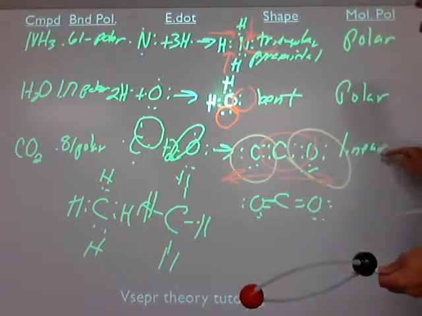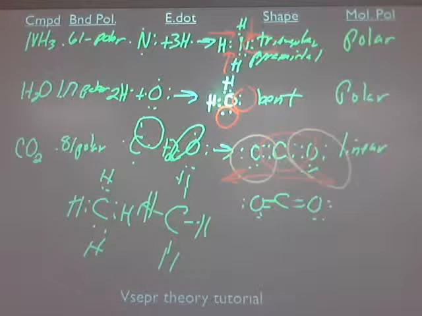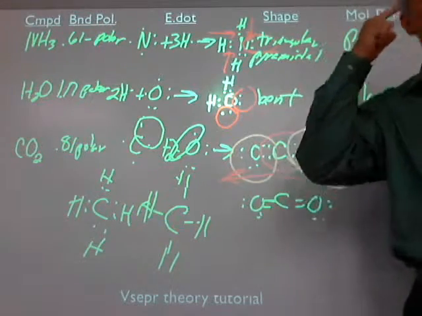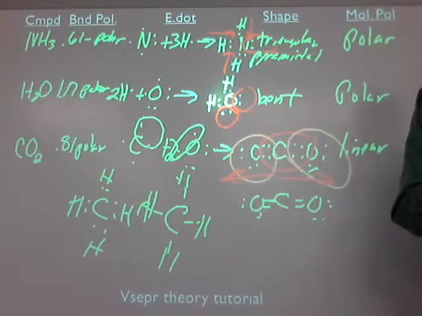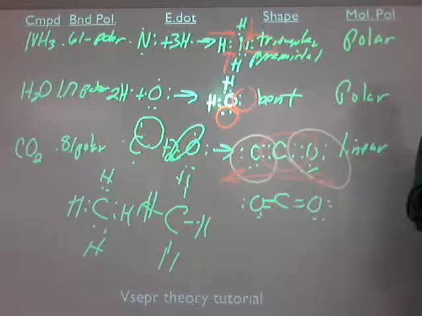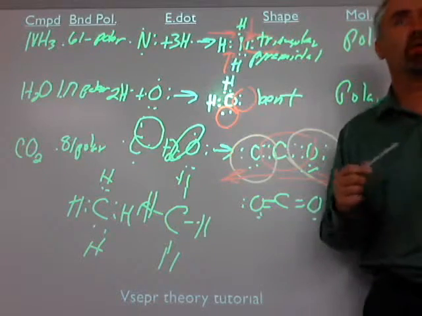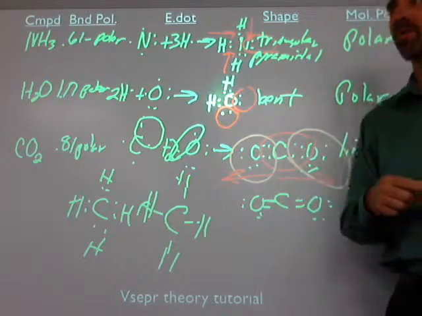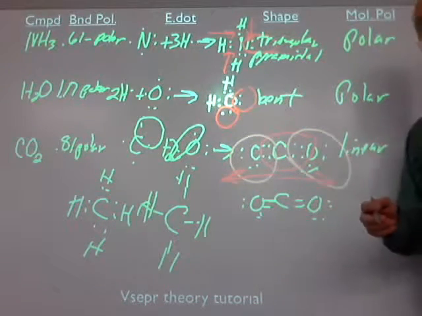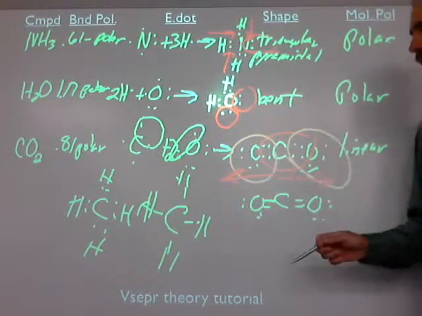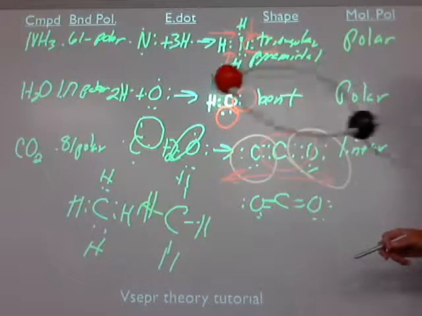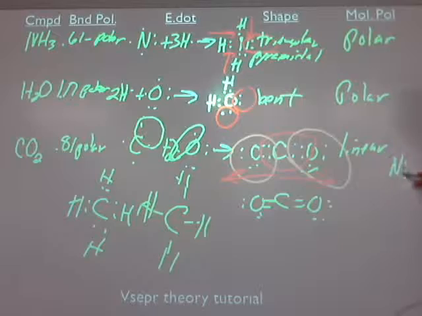Which kind of also gives me a problem I often get with people. They're going to see linear here, and linear is where people who think very inside the box, let's just say, want to memorize stuff. People who want to memorize are going to say, but you said whenever it's linear, it's symmetrical, and therefore it's nonpolar.